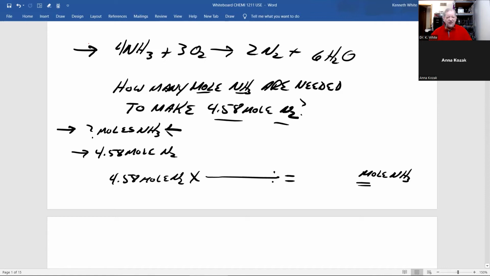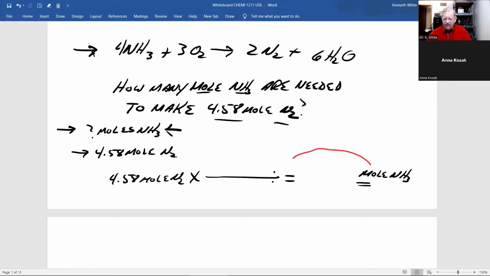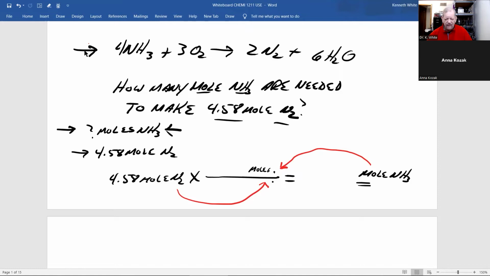All right, my turn. And like I said, use your good buddy, your good friend unit analysis. Whatever we're trying to get to goes on top, the units. Whatever we're trying to get rid of goes underneath. And now I'll take the time to write that in.